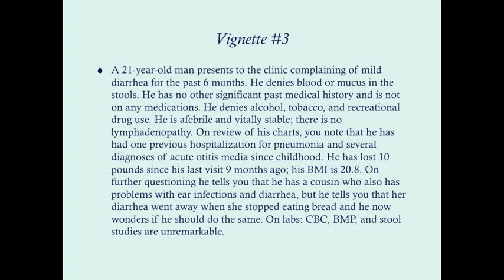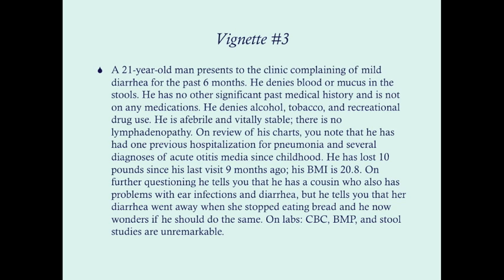Celiac disease, the way it tends to present, is chronic diarrhea with no blood or mucus, no fever, no signs of any kind of infection, nothing that makes you think inflammatory bowel disease, and weight loss, indicating that there's likely some fat malabsorption going on too, and that fat loss is just due to chronic inflammation of the bowel.